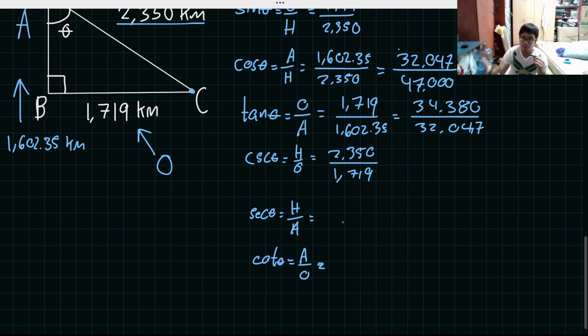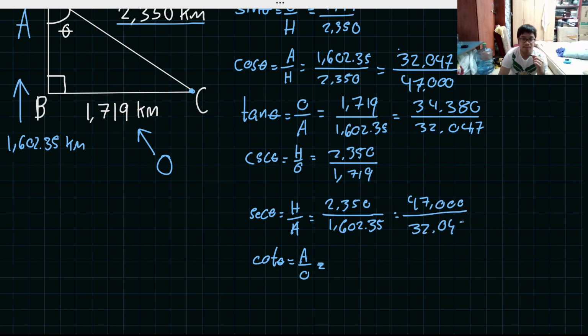Secant theta, similarly to what I did with cosecant theta, is just the reciprocal of cosine theta. So for cosine theta, if we have 16k over 23k, then here we will have 2,350 over 1,602.35, or we can simply rewrite this as 47,000 over 32,047.